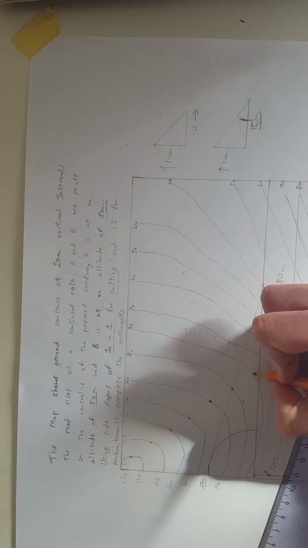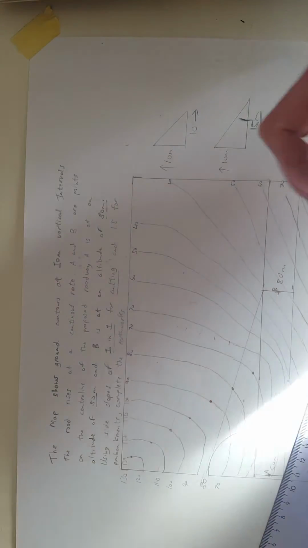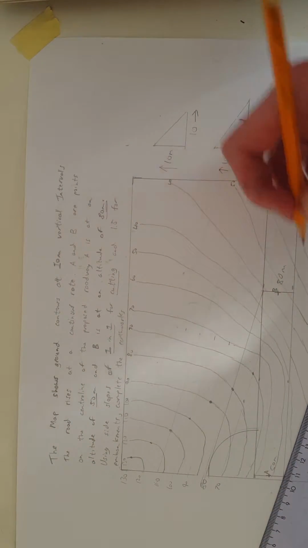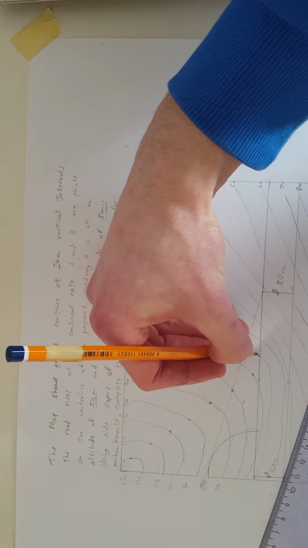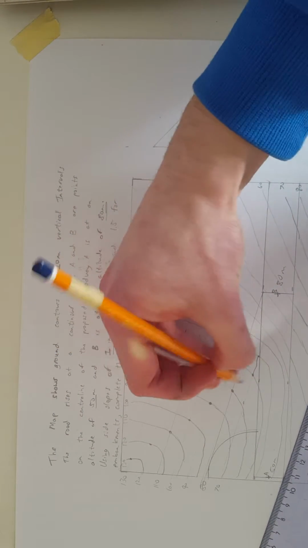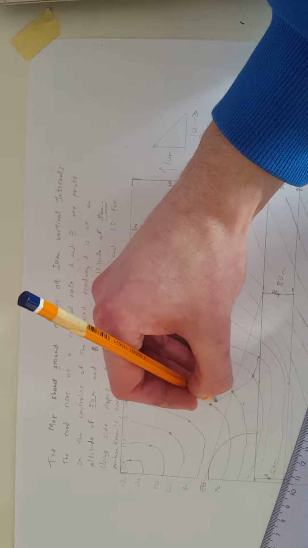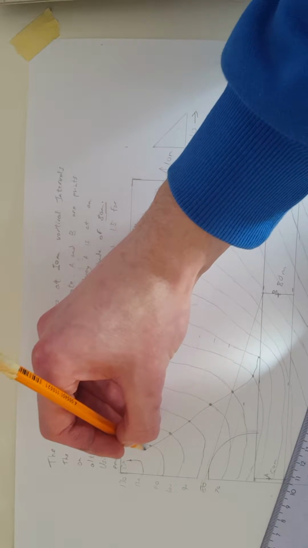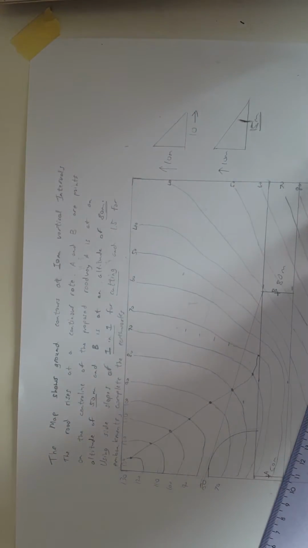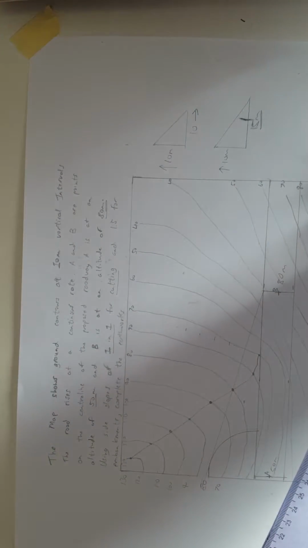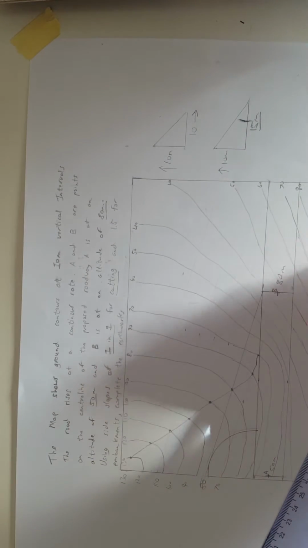So then we put a point here. And now we match up our points. We join the dots now, pretty much. Okay, so that's the roadworks done for our cutting, and now we must do it for our embankments.